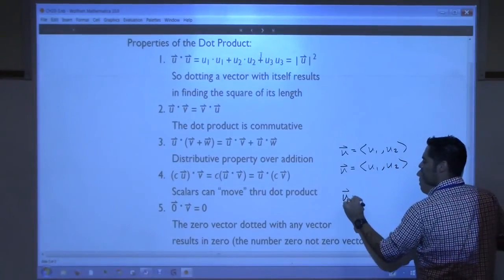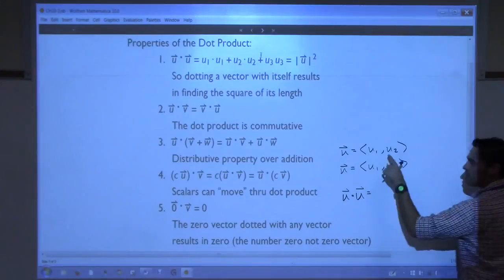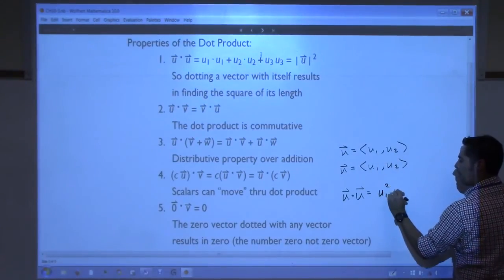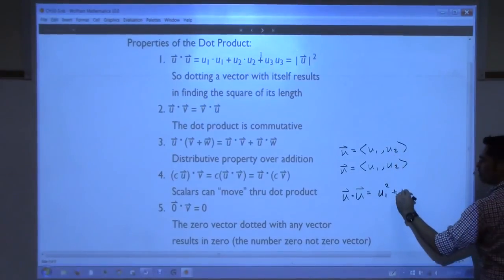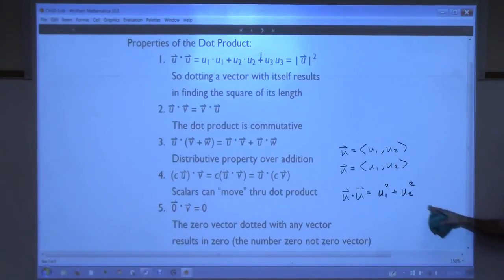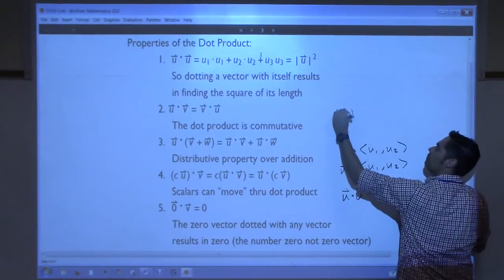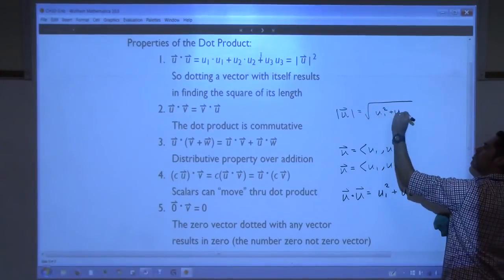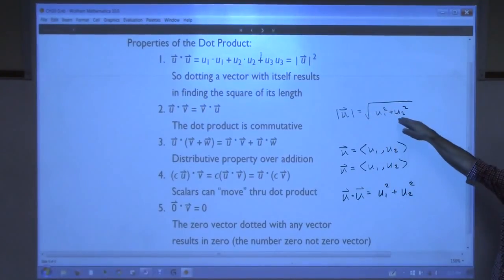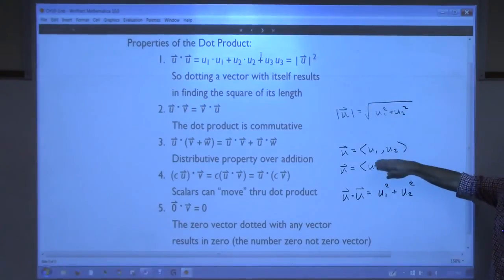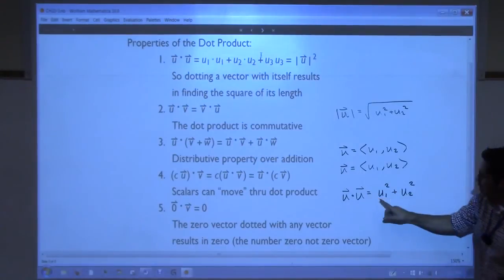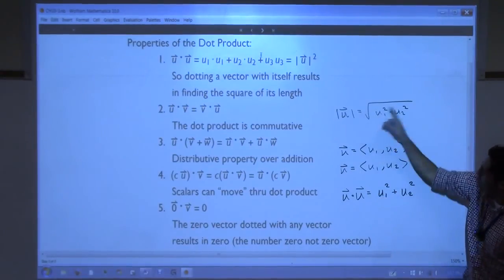So what's u dot u? By the definition, it's u1 times u1, which is u1 squared, plus u2 times u2, which is u2 squared. Does that look familiar? Well, what's the magnitude of u? The square root of u1 squared plus u2 squared, isn't it? Isn't that the definition of the magnitude of u? If I gave you this u and I said, how long is that? You would say that, right? But if I square this, isn't it this?